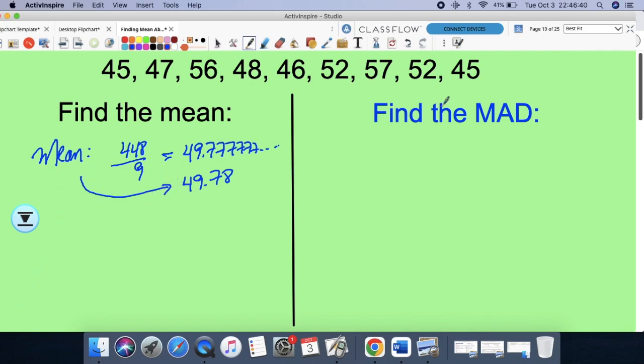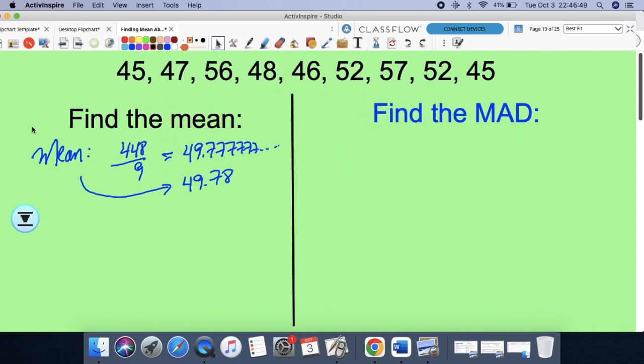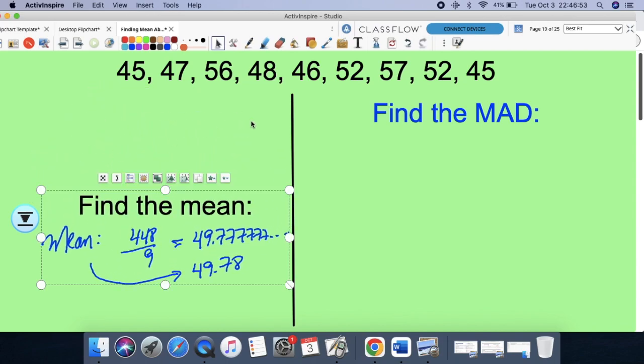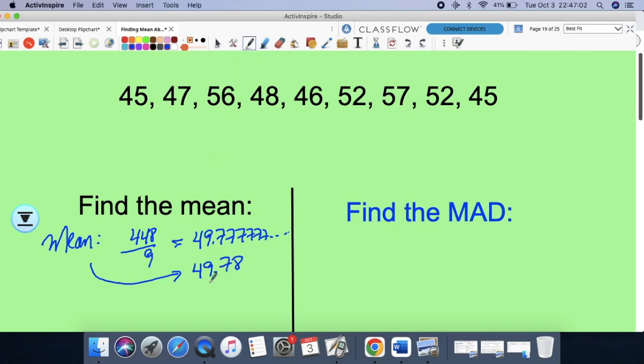Now we have to find the MAD. Let me bring these guys down. All right, so now we found the mean, and you're going to take this number over here and subtract. So we're going to have to do 49.78 minus 45.